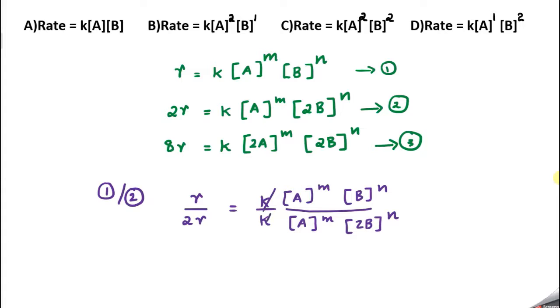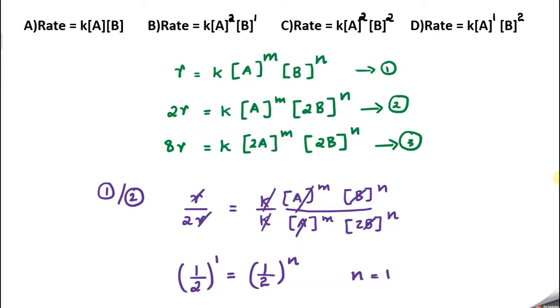So the K and A power m get cancelled off, and R cancels off. So this becomes 1 by 2 is equal to 1 by 2 whole power n. Now if you compare these two, both are 1 by 2, so n will be equal to 1. Now we know the order with respect to B, that is 1.